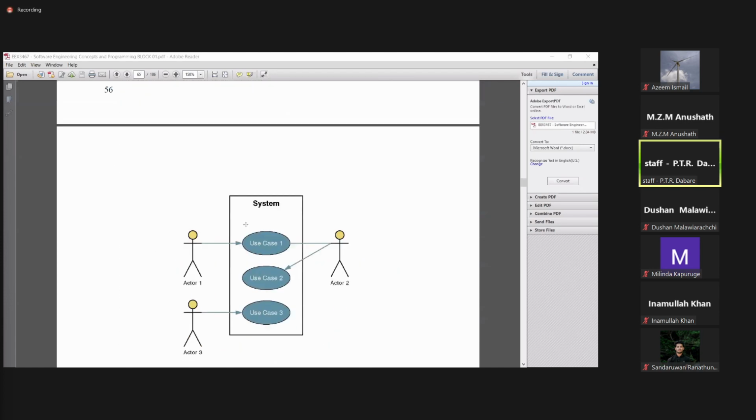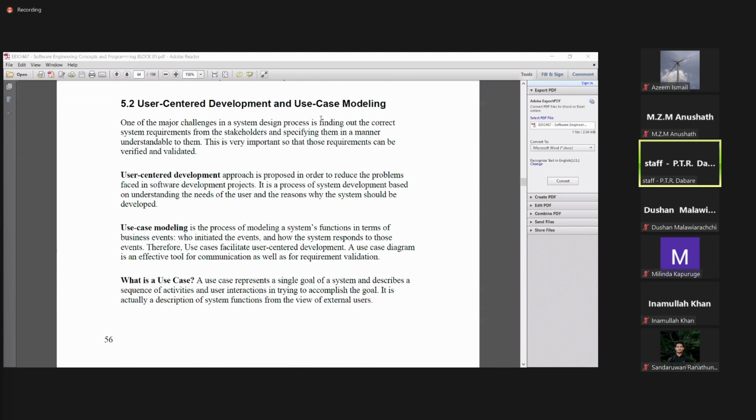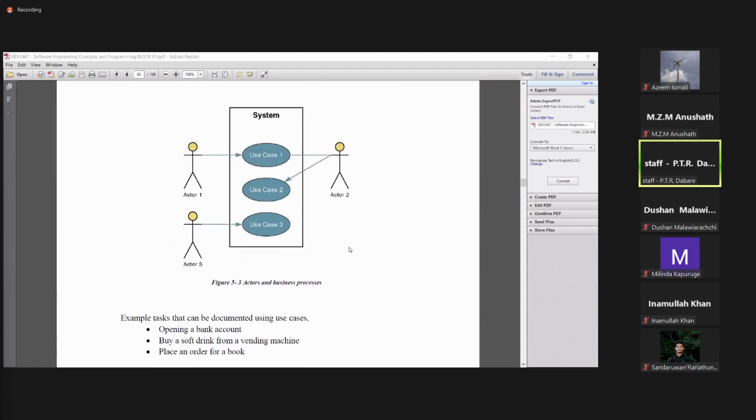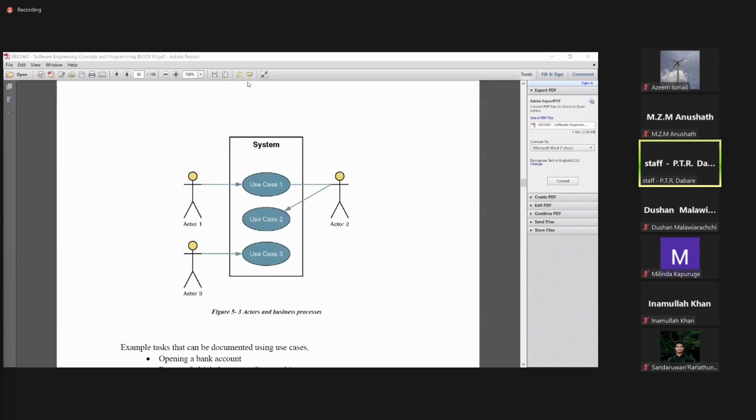Then the use case diagram, right? So you will learn how to draw use case diagram in day school 4, but I think I gave a brief idea the other day, in day school 3, that you put the system boundary and then you put the actors outside. And each functional requirement, you have to put it in the use case, right?